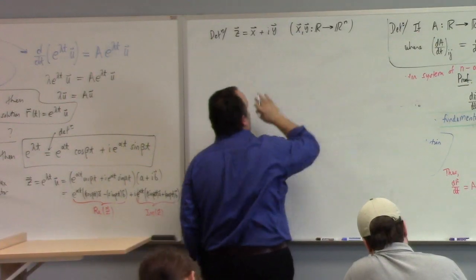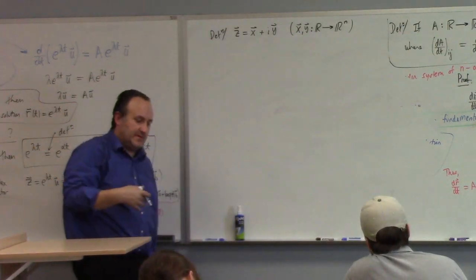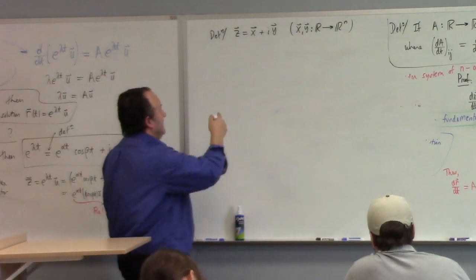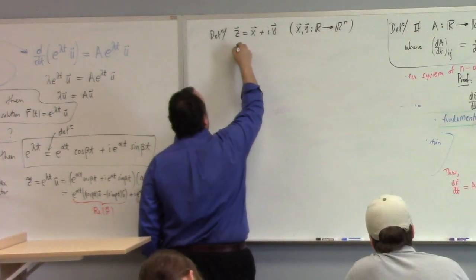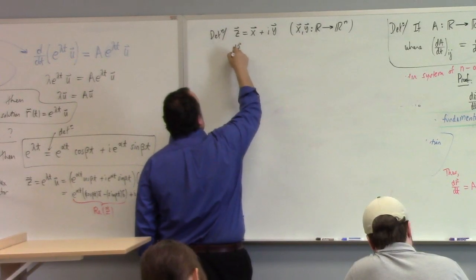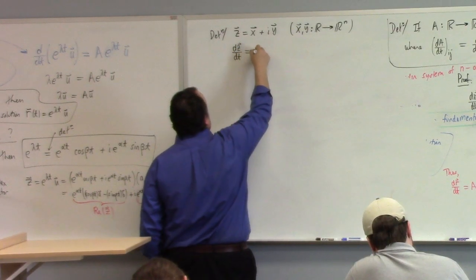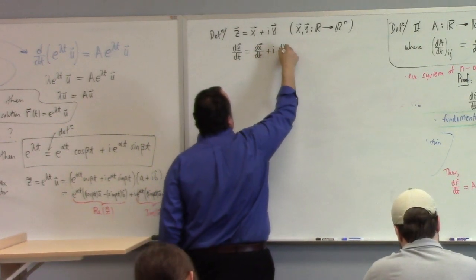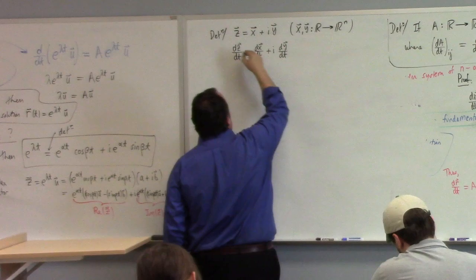So the x and the y are just vector valued functions of time. So the way we differentiate a complex valued thing like this is just this. We do dx dt plus i times dy dt. That's how the calculus works here.